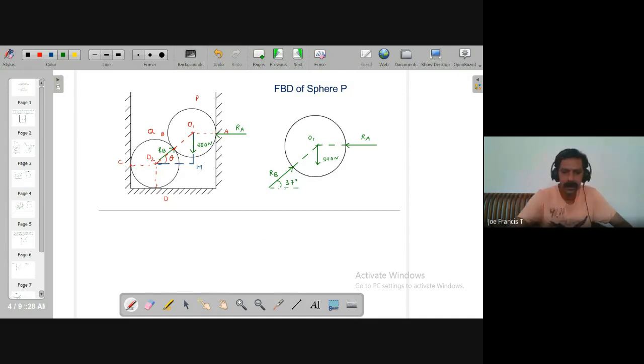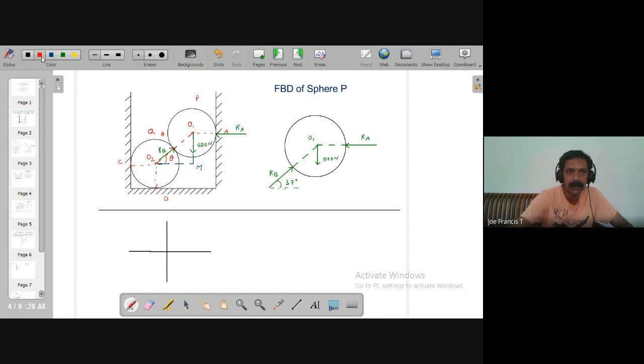So as I used to tell you, I shall represent these forces in a Cartesian coordinate system. I'll draw the X and Y direction here. Suppose this is your Y axis and this is your X axis.